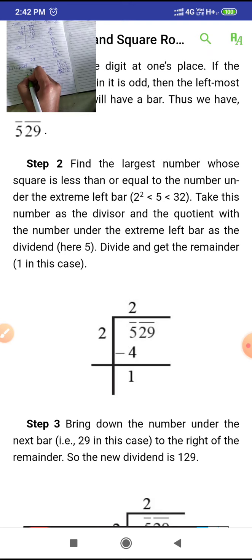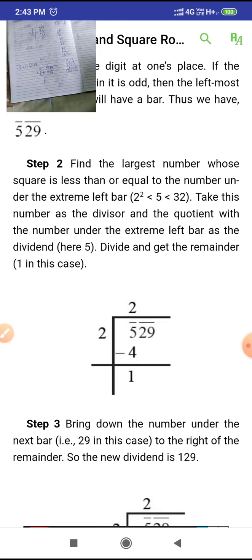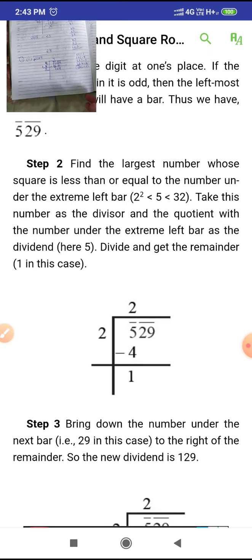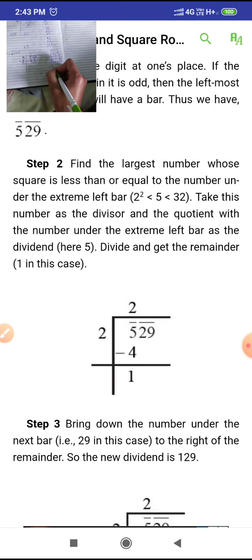In our next step we double this number. So if we add 4 to the divisor, then we have 8, and we make one blank place right side of 8.